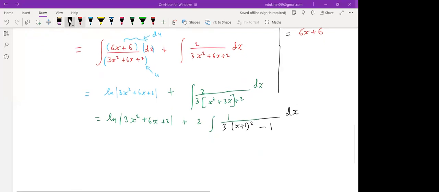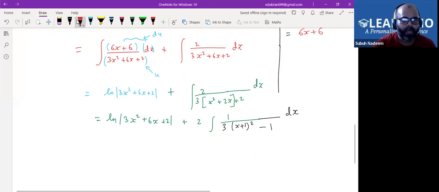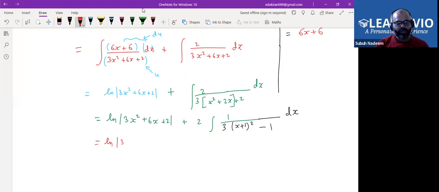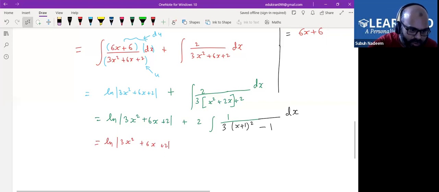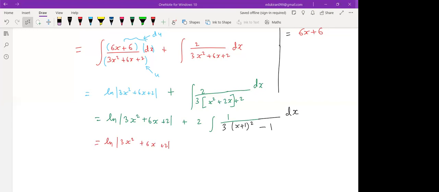So you can tell the answer. Have you got the answer? Yes, sir. Okay, one second, let me check. Then you can tell. Yeah, tell. So log of 3x square plus 6x plus 2, plus root 3 into log modulus of (x plus root 3 minus 1) by (x plus root 3 plus 1).